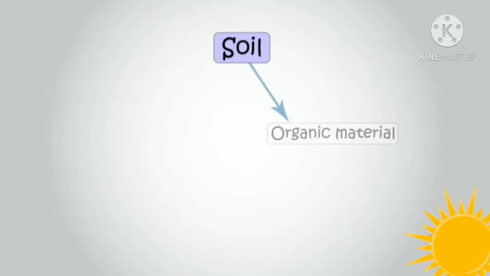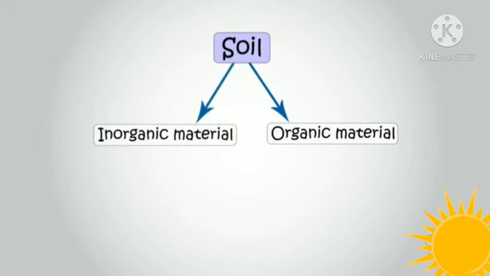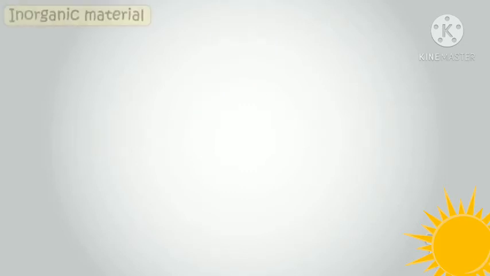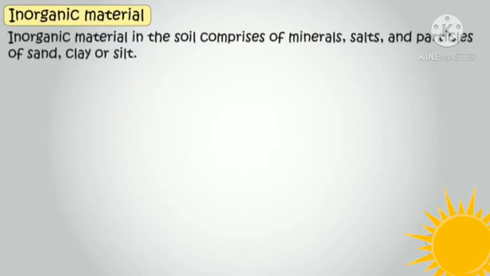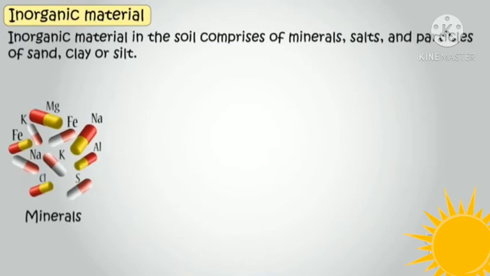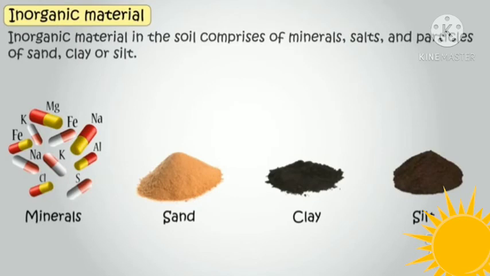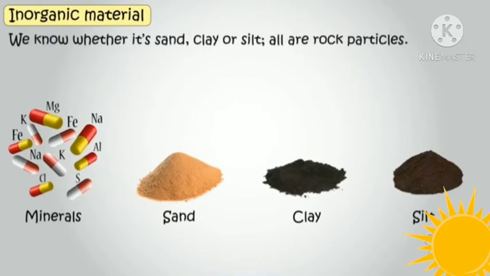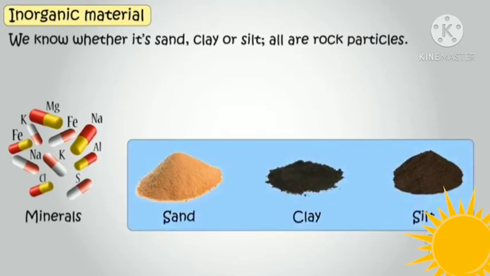Soil is made up of organic material and inorganic material. Let's see where inorganic material comes from. Inorganic material in the soil comprises minerals, salt and particles of sand, clay or silt. Whether it's sand, clay, or silt, all are rock particles.